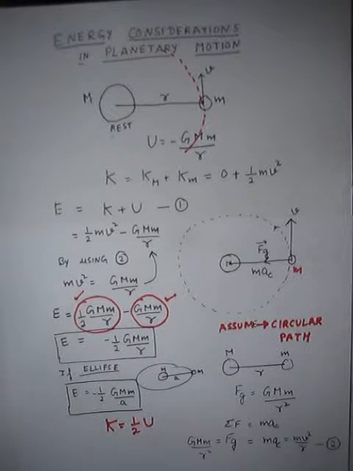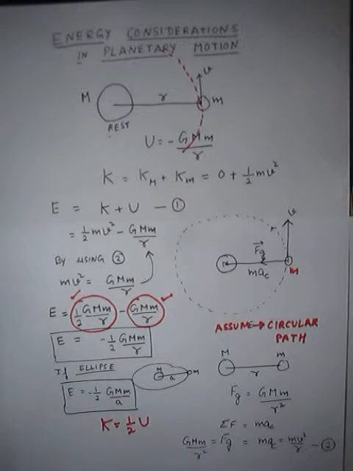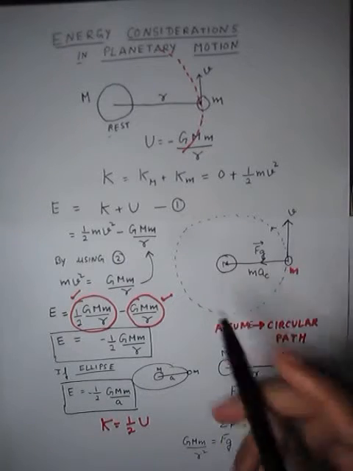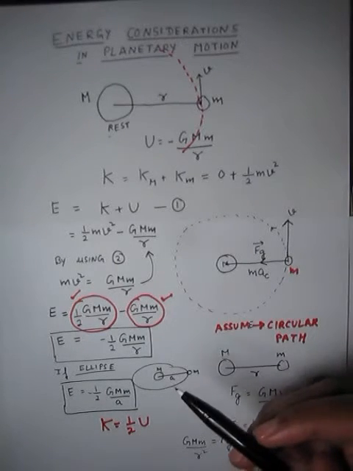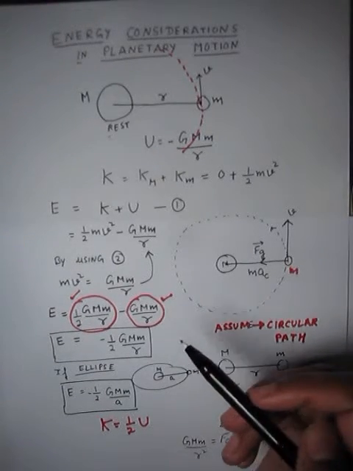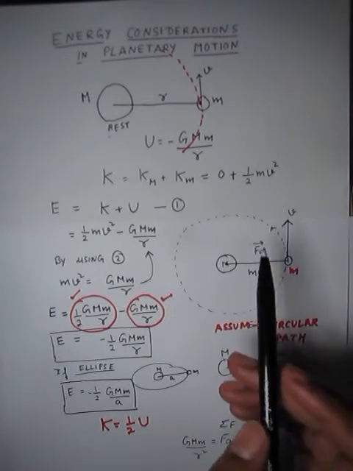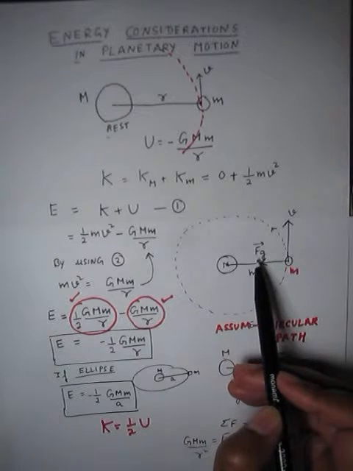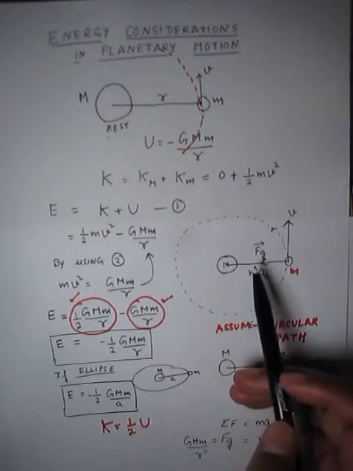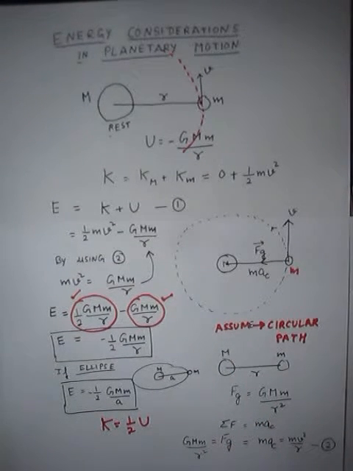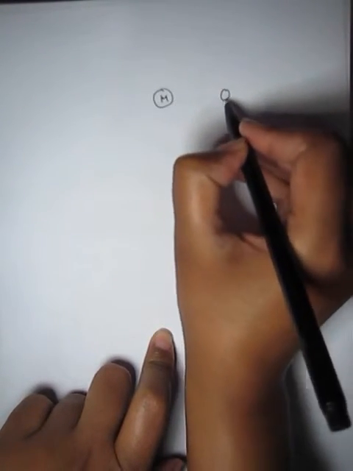Also, we could write the energy conservation equation of this system. Now this entire system is an isolated system. There is no external force. Whatever forces we are having are internal forces. This gravitational force is an internal force. So this system, a planet mass system or a planet satellite system, is actually an isolated system.